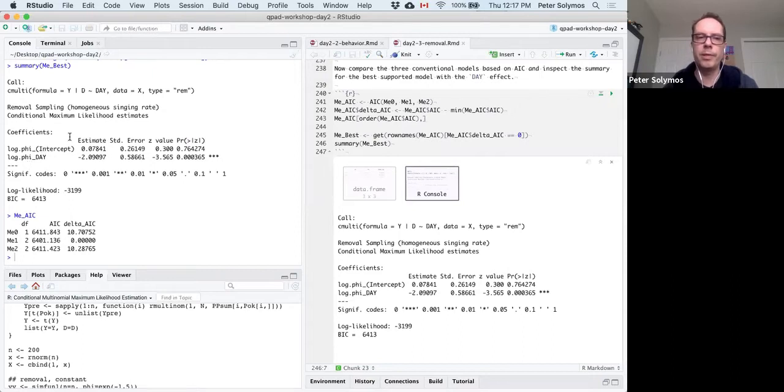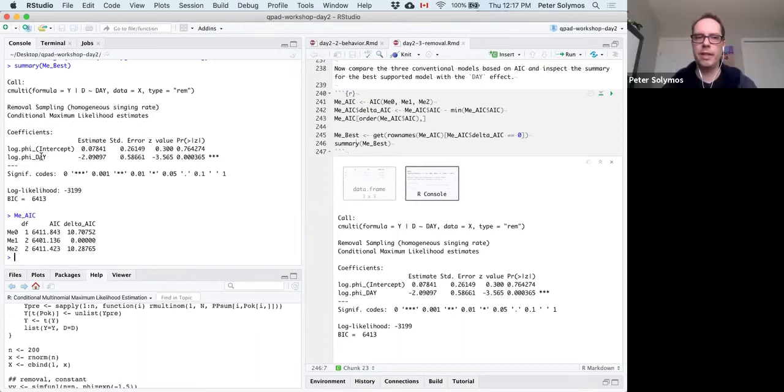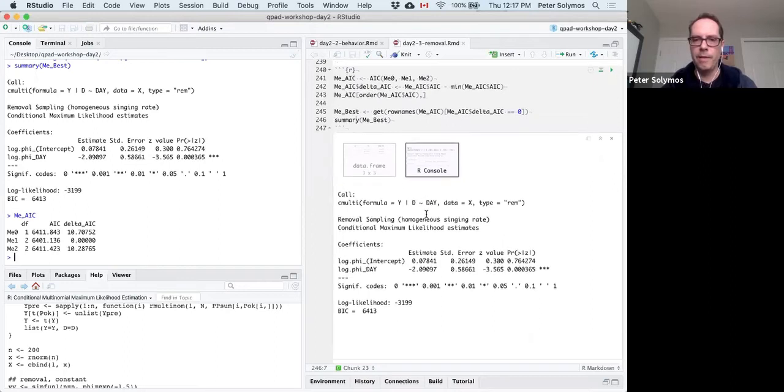So you can think about this. If you have to predict phi for any day, you would have that standardized, like the number of the day, ordinal day, divided by 365 times the slope plus the intercept. Now you take this value and exponentiate. This is how you will predict phi for any given day. So you can take these estimates and make a prediction based on the best model.